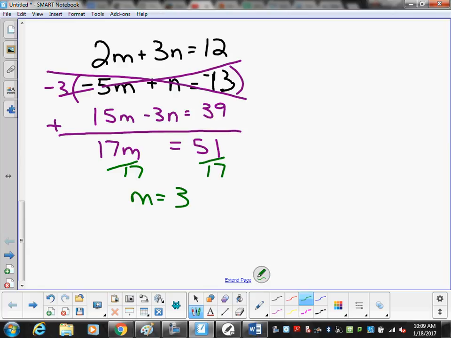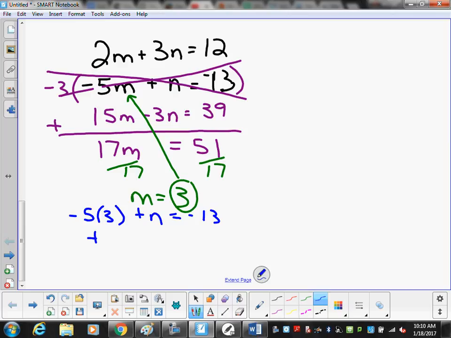So I'm going to go back to my original second equation because n's already by itself. And that's where I'll plug the 3 in. I'm going to plug the 3 in for m right there. And so it'll be -5 times 3 plus n equals -13. So I just need to add the 15 to both sides.